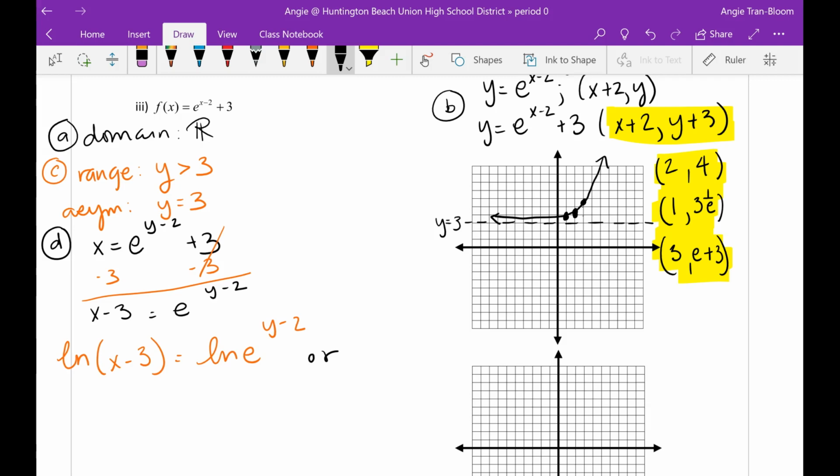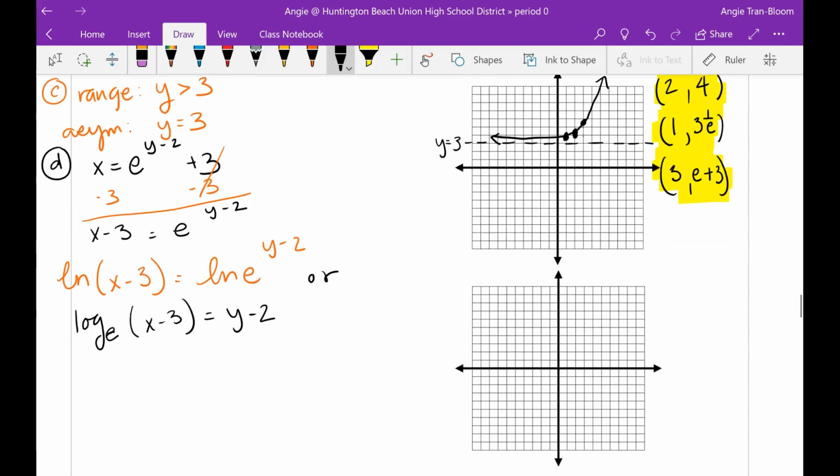So this is base e. What does that mean? Log base e of x minus 3 equals y minus 2. Now I'm going to show you both ways and they're both okay. This one, log base e, is now natural log of x minus 3 equals y minus 2. Now the orange way: ln of e is always 1.